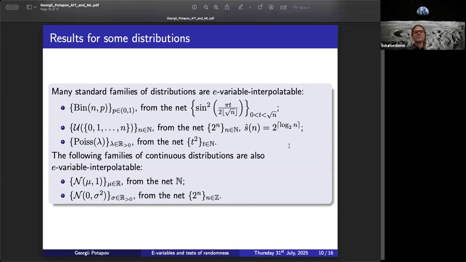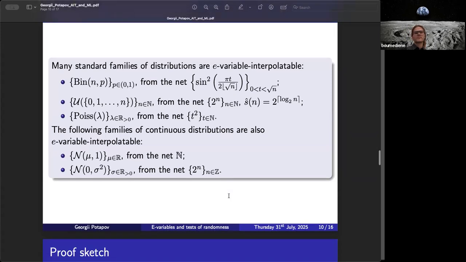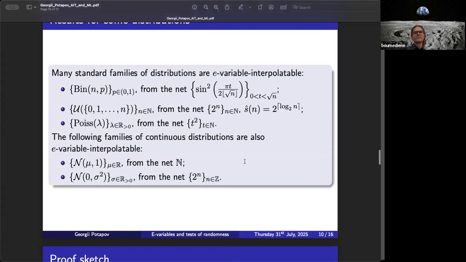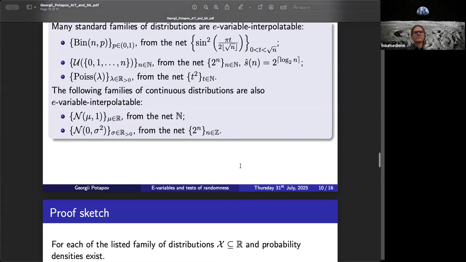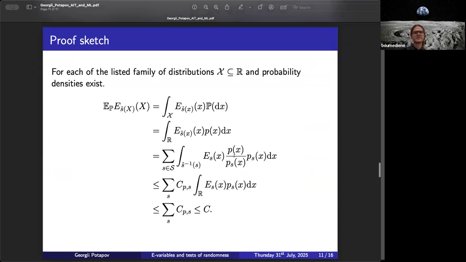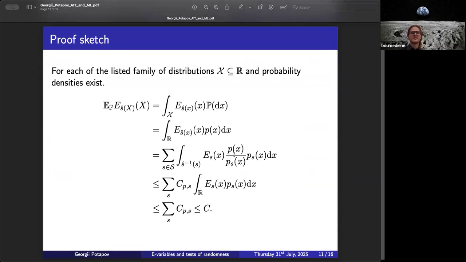So how do we prove this? The proof is very straightforward and mechanical. We just approximate one density with another and then estimate this fraction.